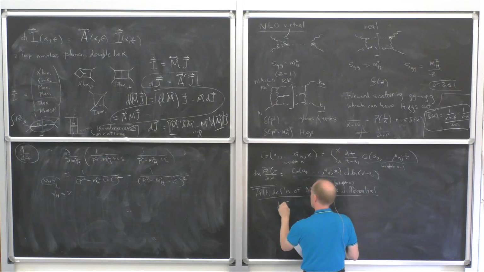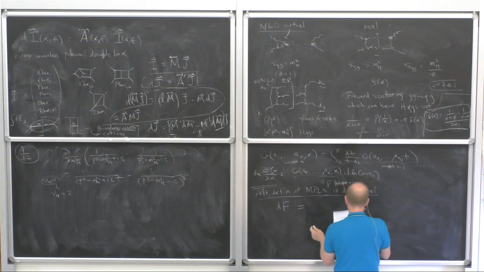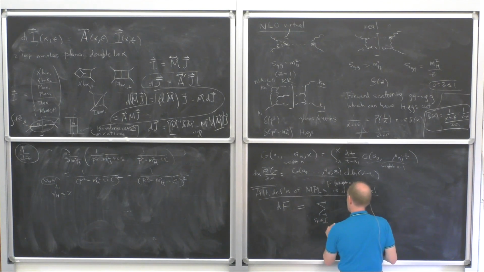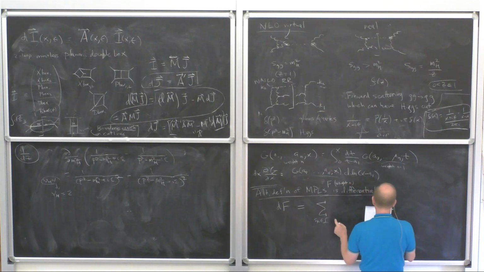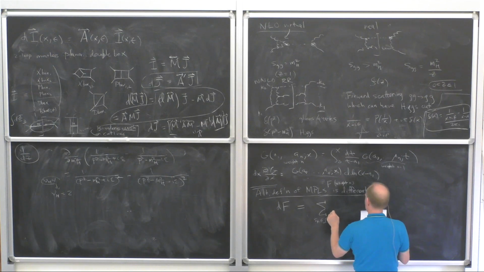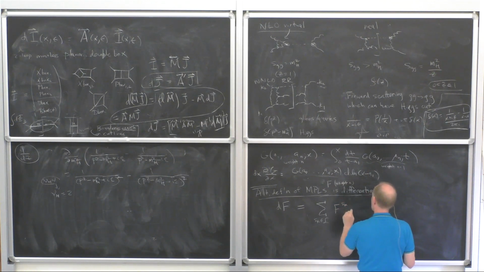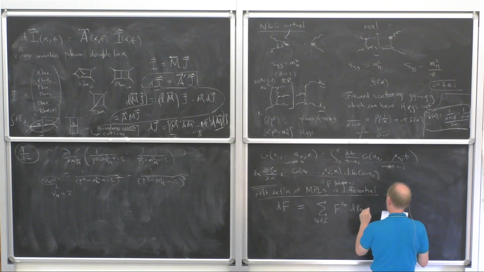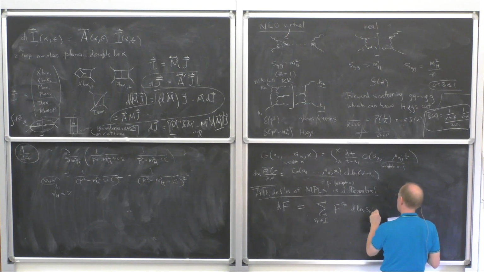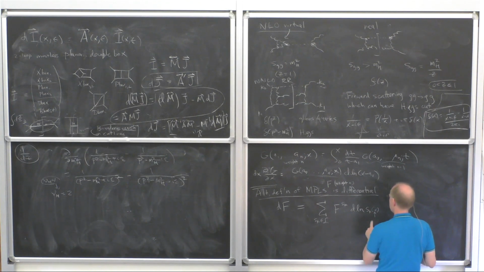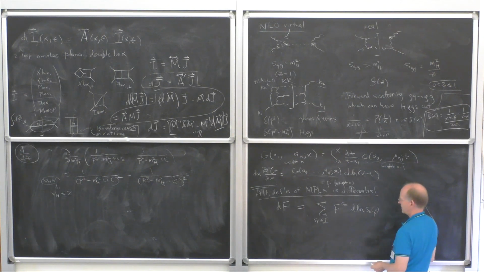By proposing that df is a sum over a finite set of things we call sk, and these sk's can depend on our underlying variables. There's some function of them.